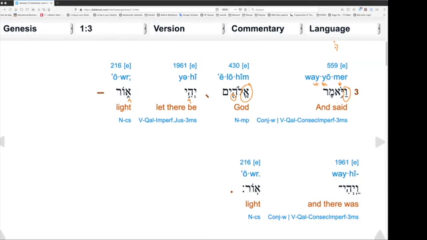So it's not Elohim, it's Elohim. Then the lamed with the cholem, and then the hay with, and you see it's over here, the rooftop, so it's a mater.